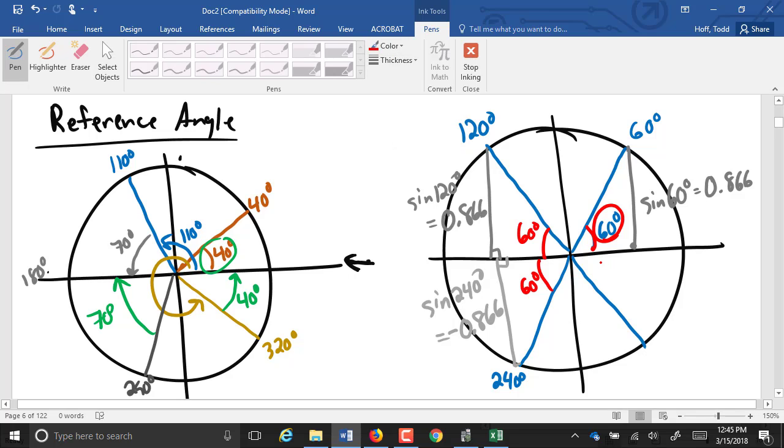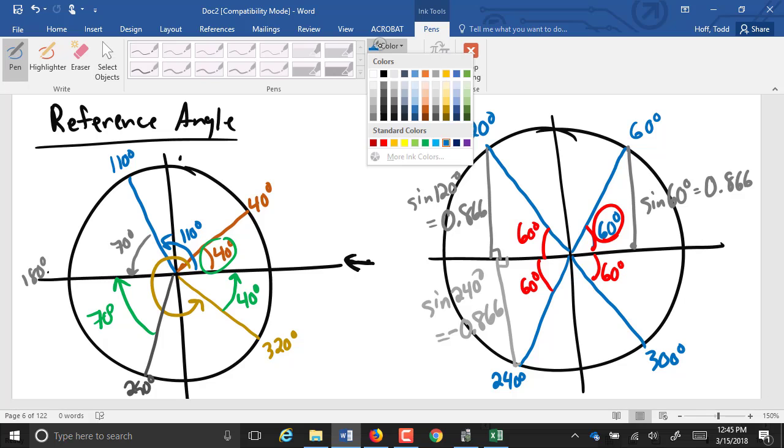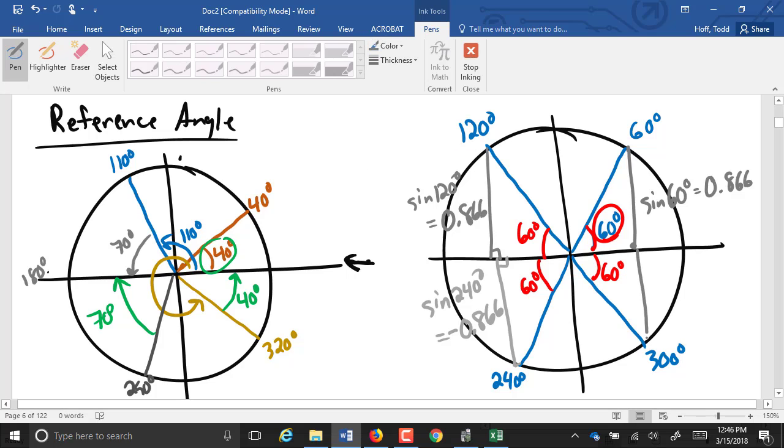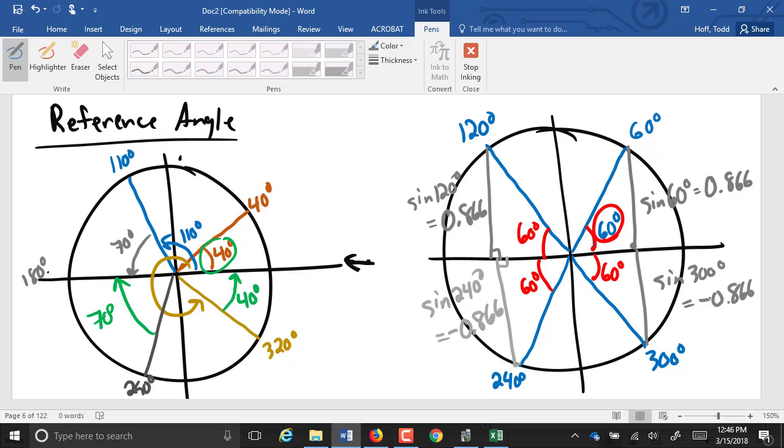Can you figure out what it is? Careful. 300 degrees. There we go. Its sine would be negative 0.866. So you can see all of those angles that have the same reference angle, their signs are either the same or they're negatives. They all have a sine of 0.866, just two of them are positive, two of them are negative.